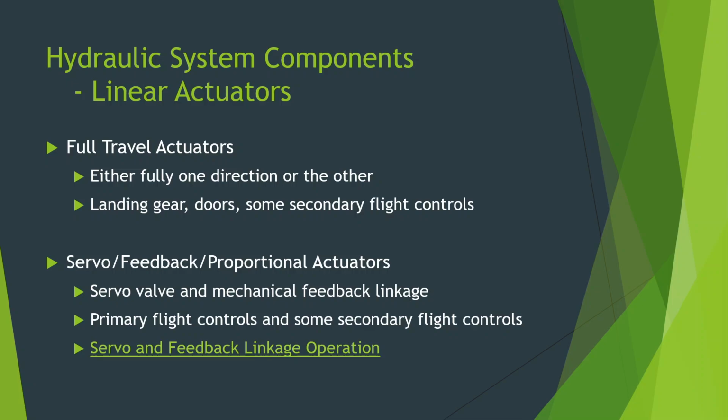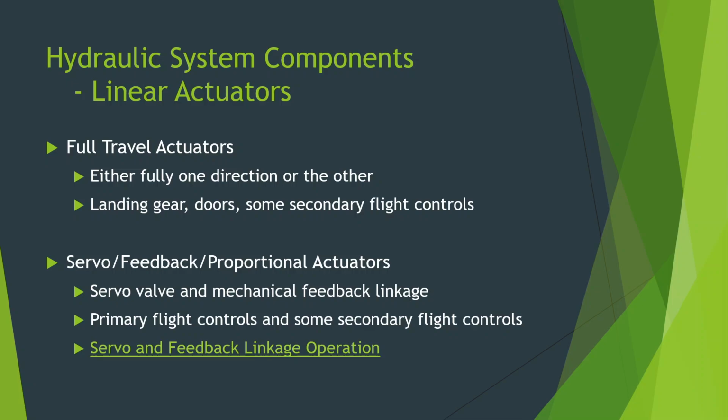Now, on most transport aircraft, that's not the only thing the spoilers do. They're often used as flight spoilers and as speed brakes, so they probably do have the ability to vary. But a lot of transport aircraft do have dedicated ground spoilers that are only activated on touchdown, and so they'll put a simpler full travel actuator in rather than a servo actuator.